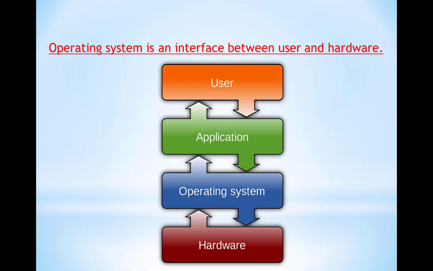I'll tell you one real life example. When you want to start a fan, there would be a switch. And when you turn on the switch, the fan starts. If the switch is not there, is it possible to start the fan? Maybe it is possible, because behind the switch there may be a circuit with 2-3 wires. And when you join two wires, the fan will work.